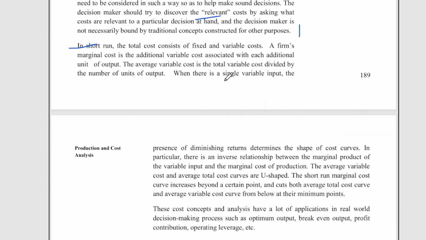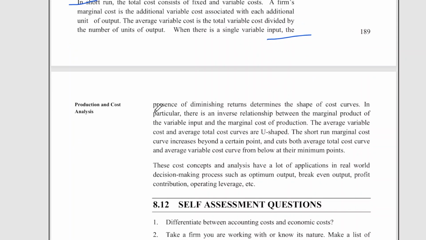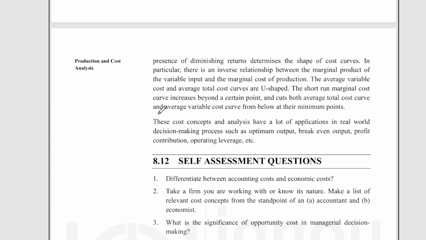And in the short run, the total cost consists of fixed and variable cost. A firm's marginal cost is the additional variable cost associated with each additional unit of output. The average variable cost is the total variable cost divided by the number of units of output. When there is a single variable input, the presence of diminishing returns determines the shape of cost curves. In particular, there is an inverse relationship between the marginal product of the variable input and the marginal cost of production.